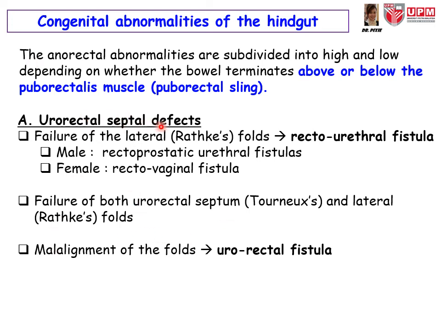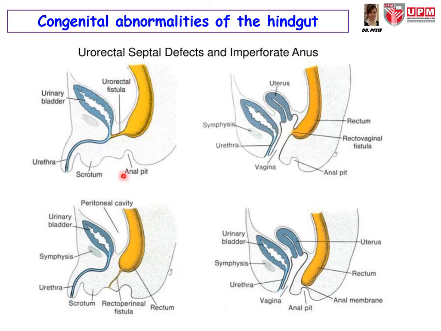The urorectal septal folds could be misaligned. In the misalignment, it will cause the urorectal fistula. In males, a fistula is formed between the rectum and the prostatic urethra. And in females, the rectovaginal fistula is formed. Here are the diagrams showing the urorectal septal defects in the male and the female.